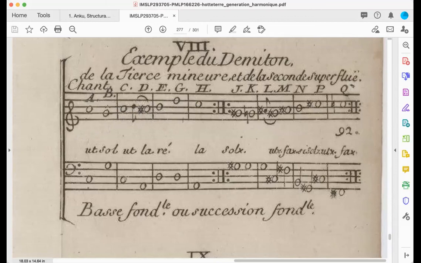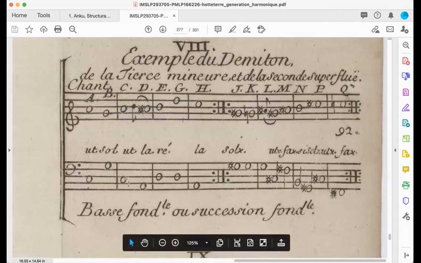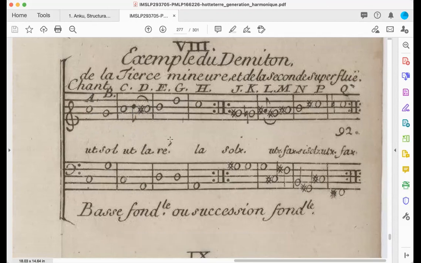And Rameau suggests that the reason I can sing that is because I'm imagining these sort of understandable diatonic progressions by fifths. The one chromatic thing comes from a fundamental bass progression by third. And we'll see later that Rameau uses that to derive the chromatic genus.